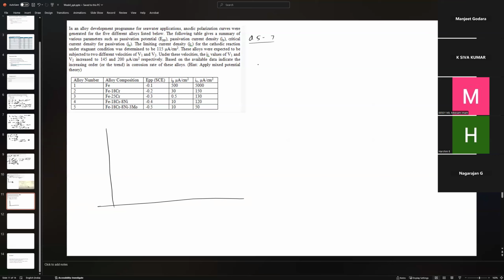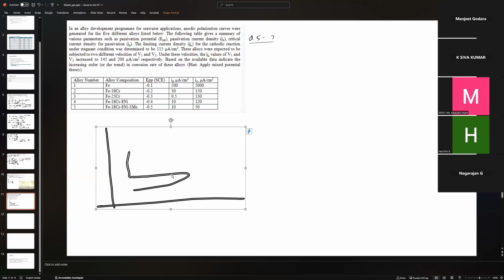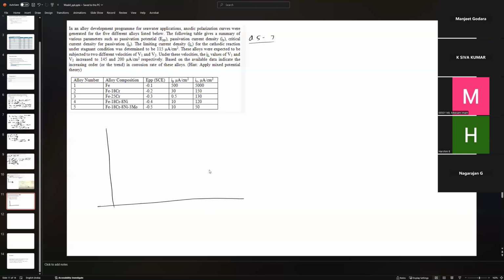Now this is a polarization curve for metals which can form passive layers, a passive film on the surface.